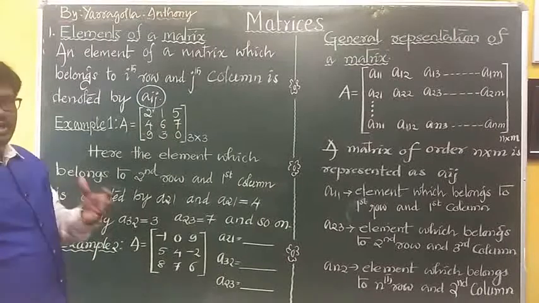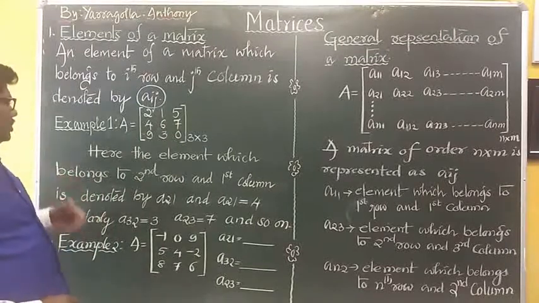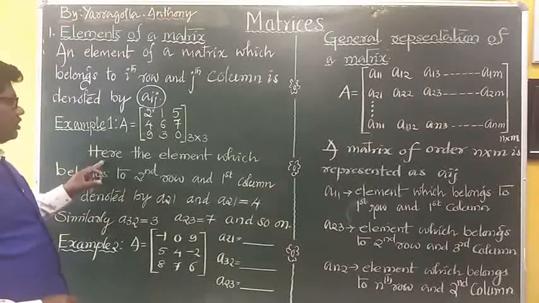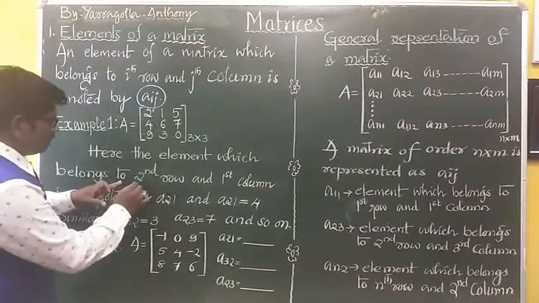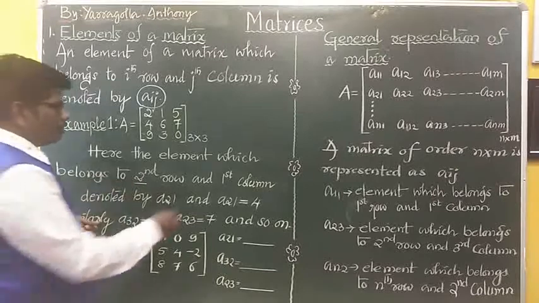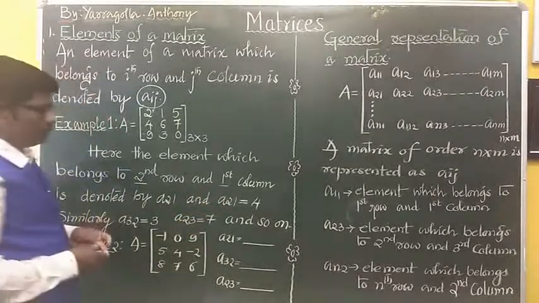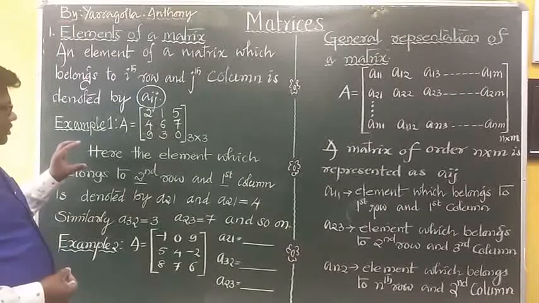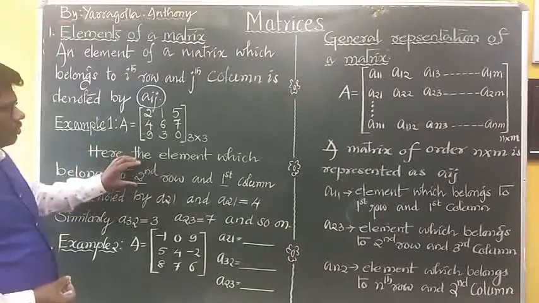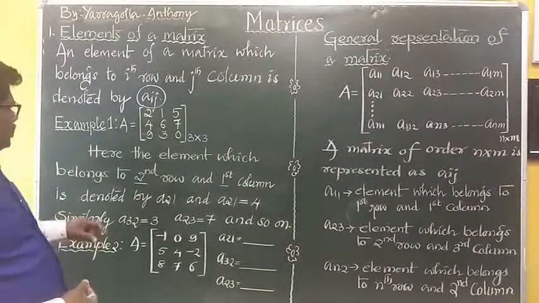Now how do we identify a particular element in a matrix? Here, look at this: the element which belongs to the second row and first column. Okay, we are finding an element which is in the second row and first column. What is that element?